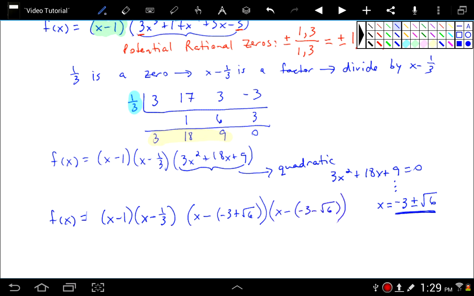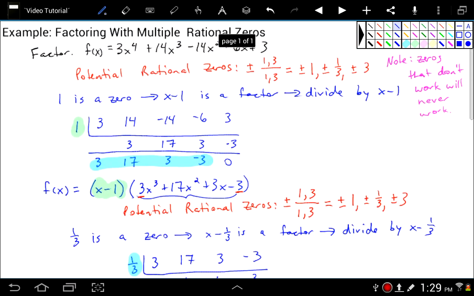Now, the only problem here, if I go through all my steps of factoring, right? Let's start at the first one. Here's my first step. If I were to multiply this out, my leading coefficient is x times 3x cubed. That's 3x to the 4th. That matches what I have in my original function, so we're good there.